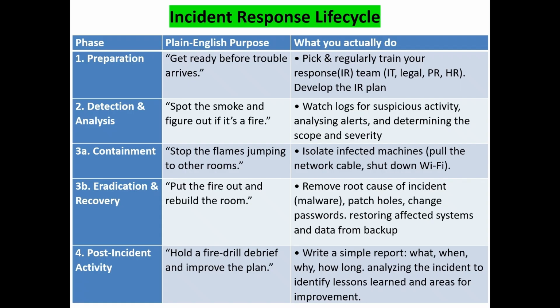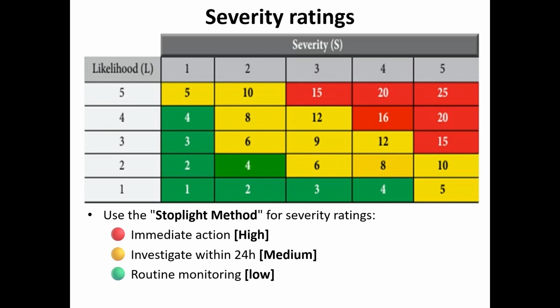Now, based on the severity of whatever incident is identified, we have a severity rating scale. This severity rating is just a stoplight method to determine which incident needs immediate action or routine monitoring, with 5 on the severity being the highest and 5 on the likelihood being the highest as well.